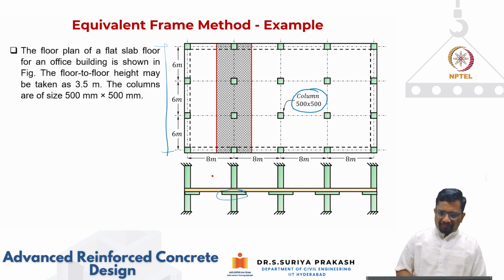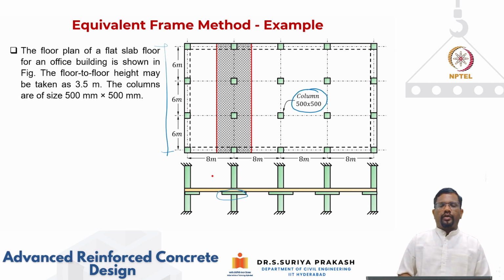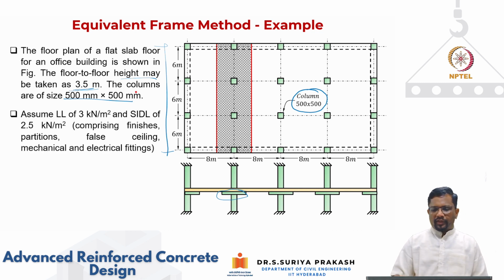We'll talk about it. So the floor plan of the flat slab floor system for an office building is shown. The floor to floor height here can be taken as 3.5 meters, and all the columns are 500 mm by 500 mm. We are assuming a live load of 3 kN per meter square and a superimposed dead load of 2.5 kN per meter square.